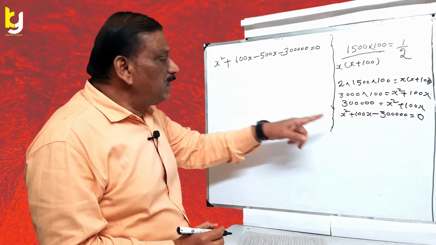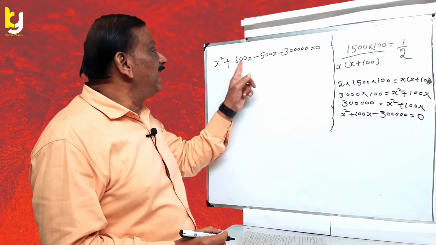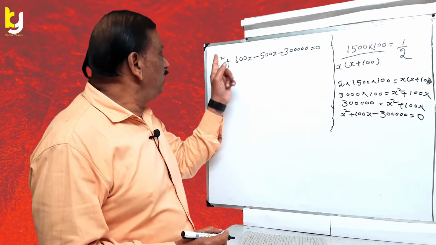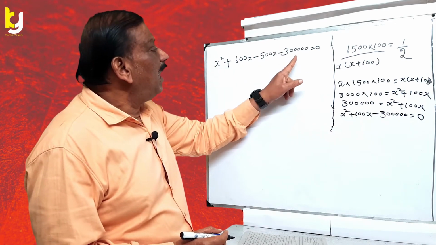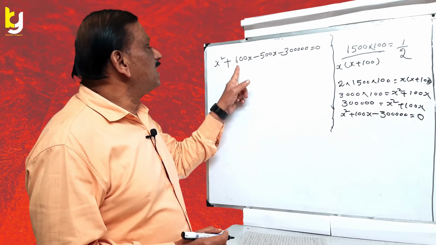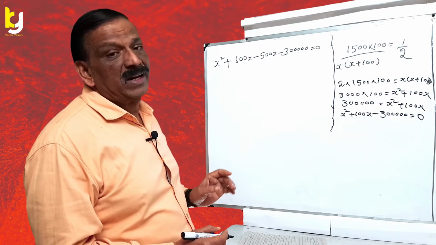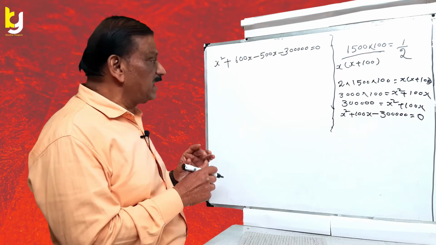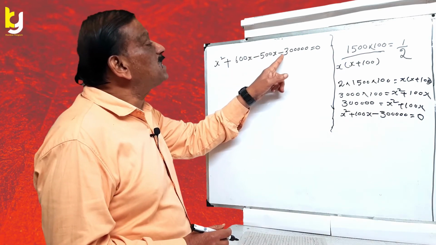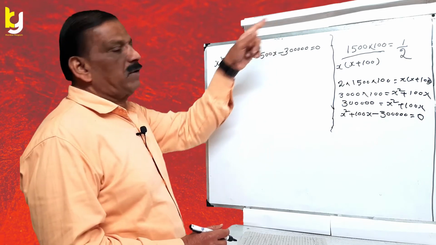Split the middle term in such a way, when we add these two terms, we must get 100. When we multiply first term and last term, we must get 600x into minus 500x. When we multiply 600x into minus 500x, it will be equal to minus 3 lakhs into x square, first term into last term.